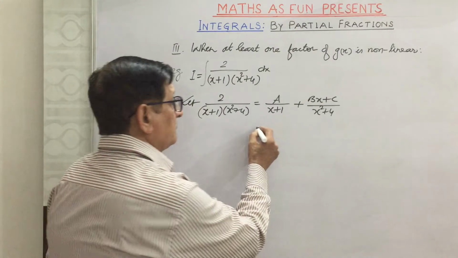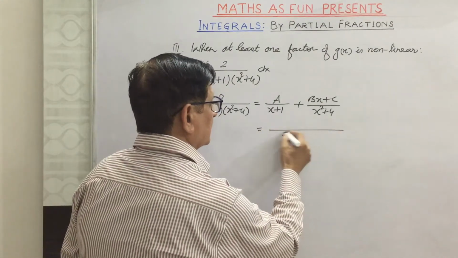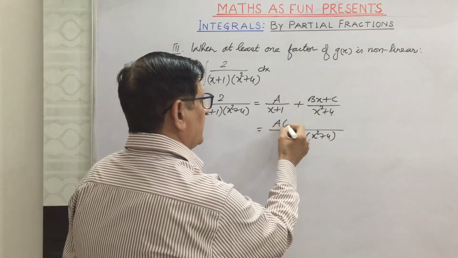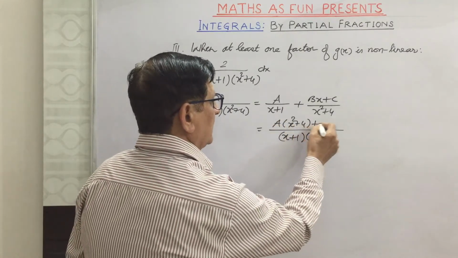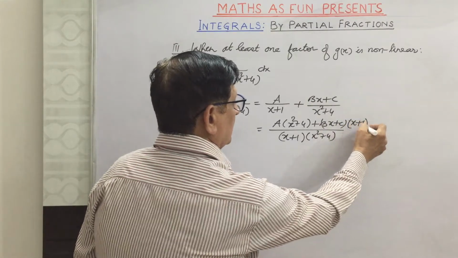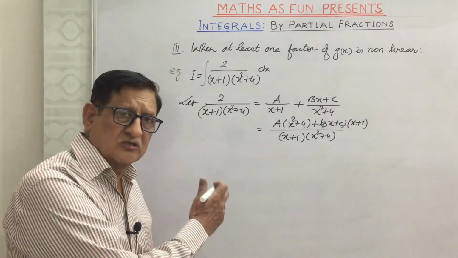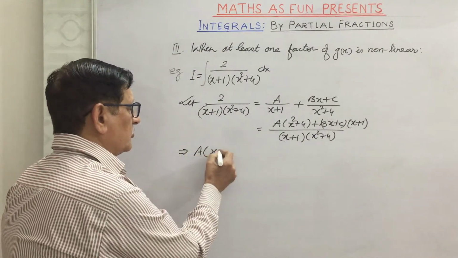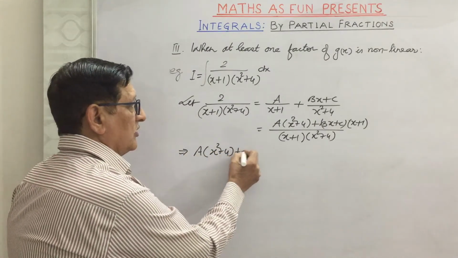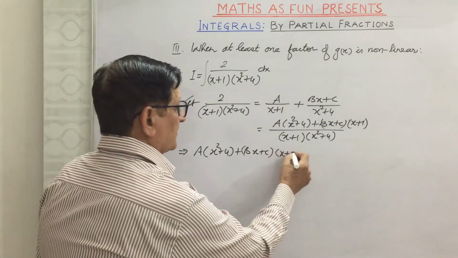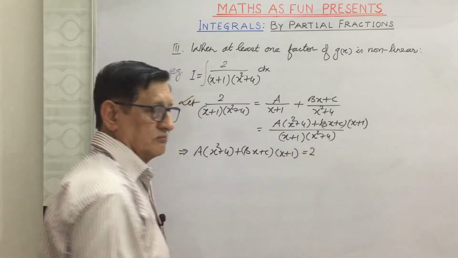Taking the LCM, we get here x plus 1 into x square plus 4. It is a into x square plus 4 plus bx plus c into x plus 1. From this, by comparing the numerators, we get a into x square plus 4 plus bx plus c into x plus 1 equal to 2.